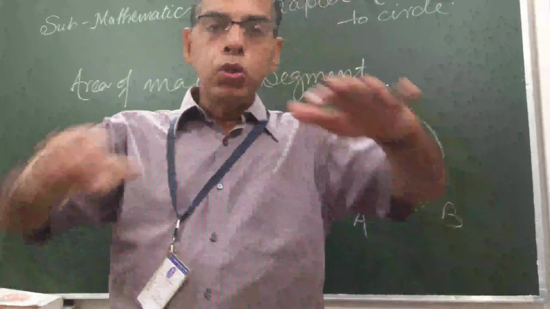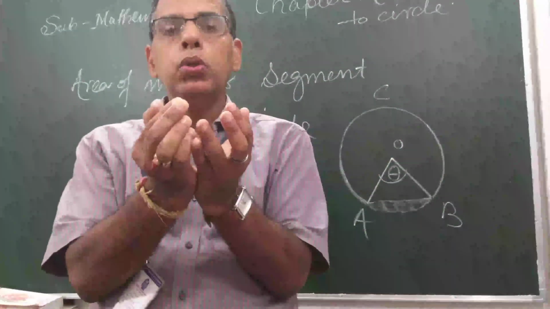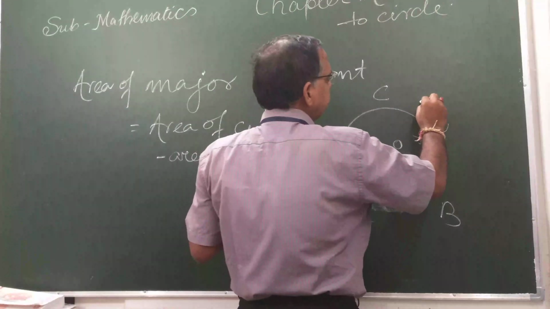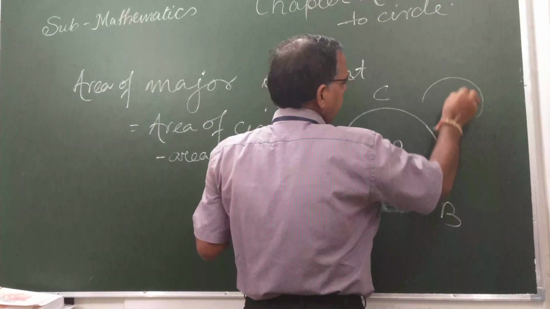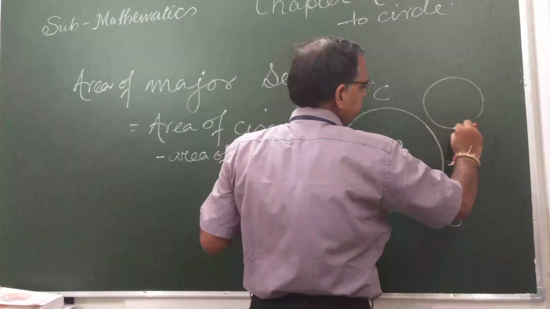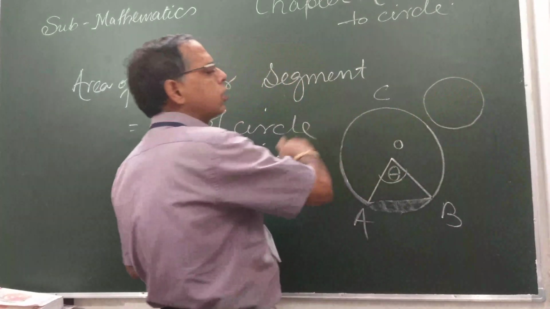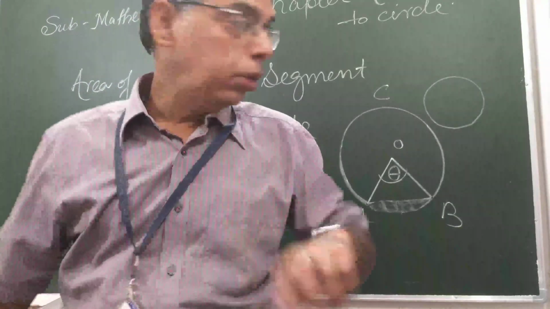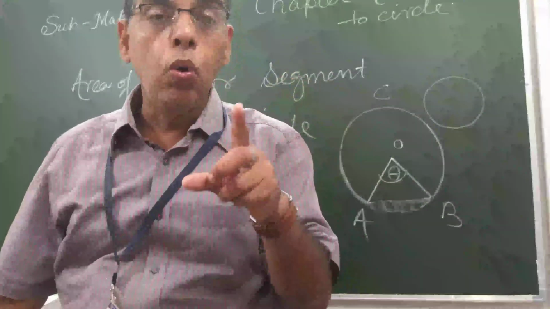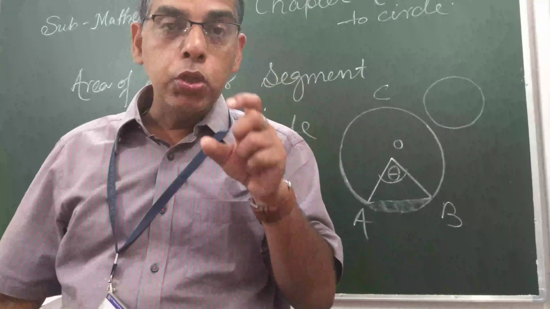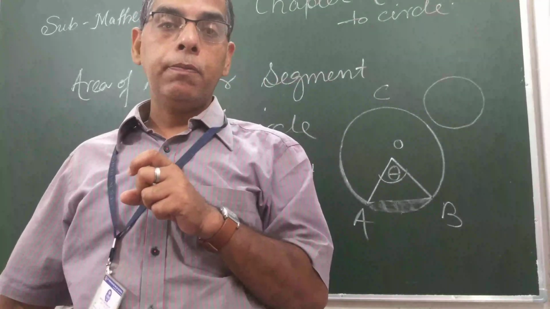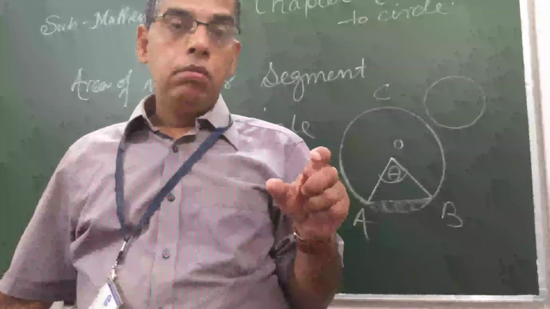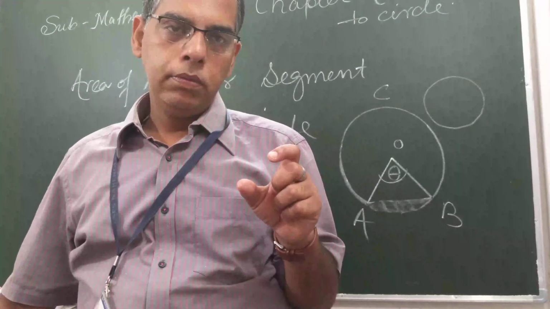That means if you join these two circles, you will get a big circle. Join how? No, that means we add the radii of these two circles, one is 19 and the other is 9. Clear?